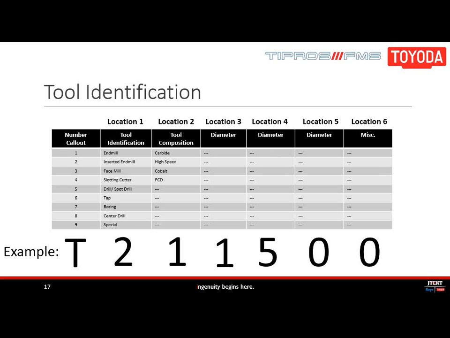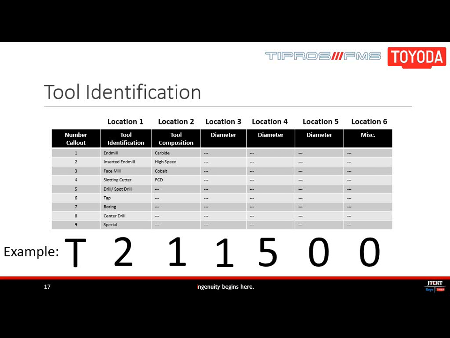Location 2 designates the material of the tool to be used, whether it be carbide, high-speed steel, cobalt, PCD, and so on. Locations 3 through 5 represent the diameter of the tool, and location 6 would let us know if there are duplicates of a certain type of tool in case of backup.